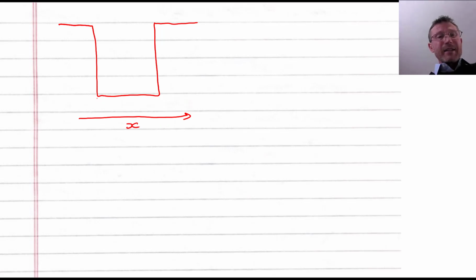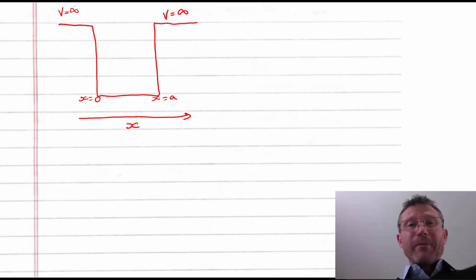We've got x is equal to 0 in here, and we've got a position x equals a over here, and at these very specific positions the potential is going to infinity. So if we want to think about that in terms of gravity, there's an infinitely high cliff, and so the electron can't get out of that box.